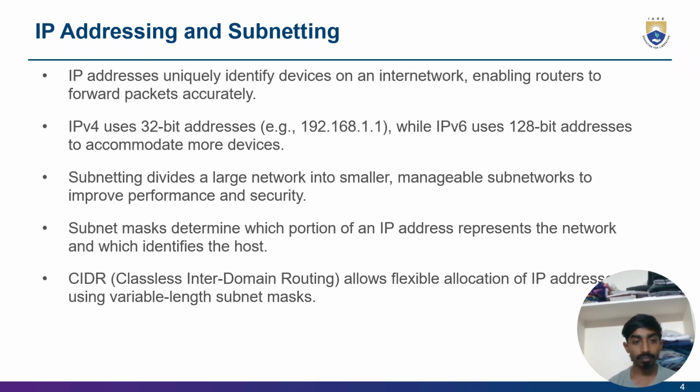Subnetting divides a large network into smaller, manageable subnetworks to improve performance and security. Subnet masks determine which portion of an IP address represents the network and which identifies the host. CIDR, classless inter-domain routing, allows flexible allocation of IP addresses using variable length subnet masks.